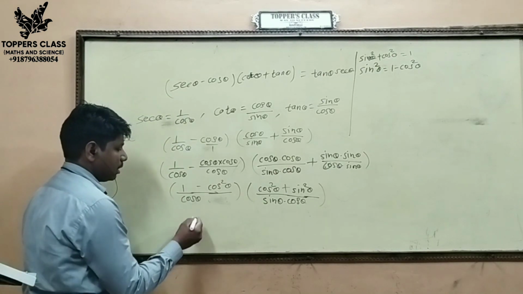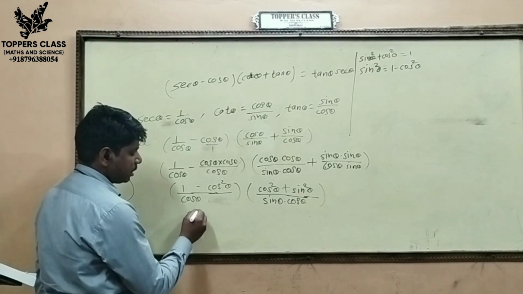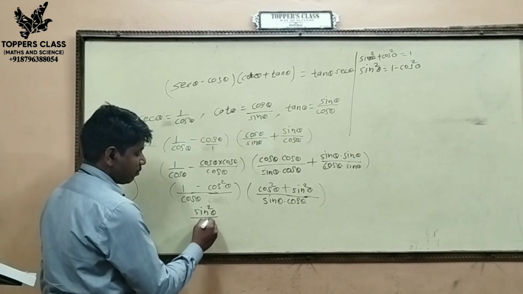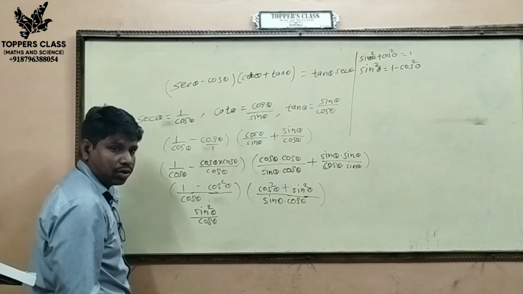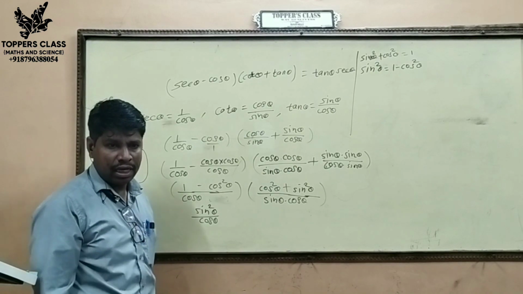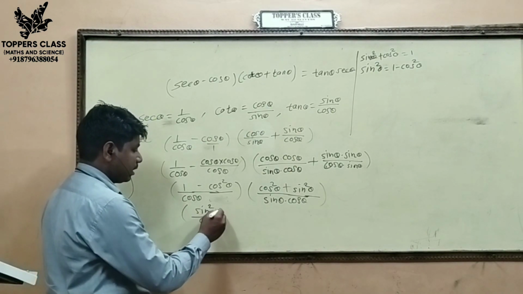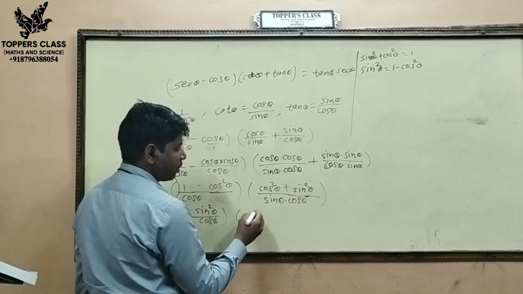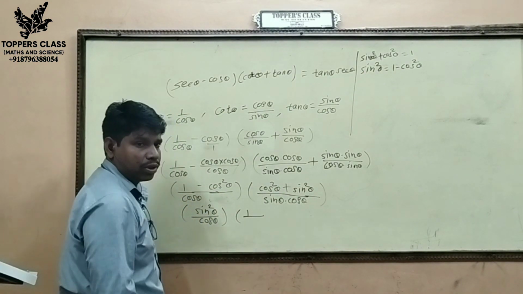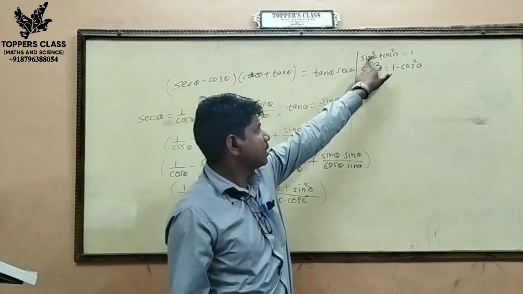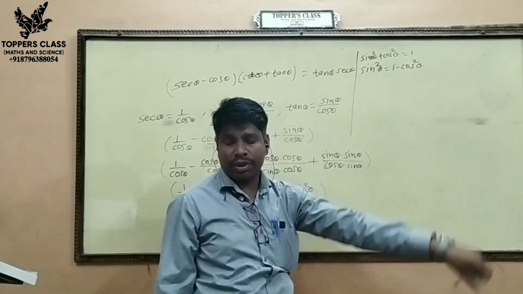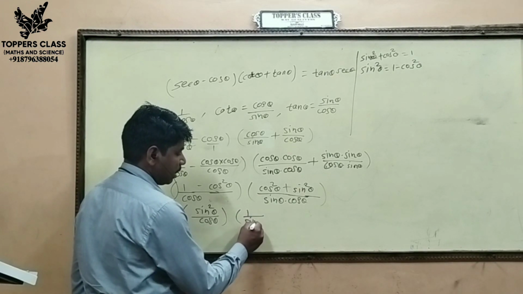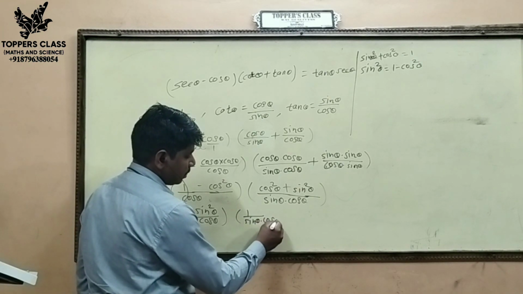Now 1 minus cos square theta is sin square theta upon cos theta. Got it? Sin square theta upon cos theta in this bracket. In this bracket we will write cos square theta plus sin square theta, that is 1. This is our identity, so we will get 1 upon sin theta into cos theta.